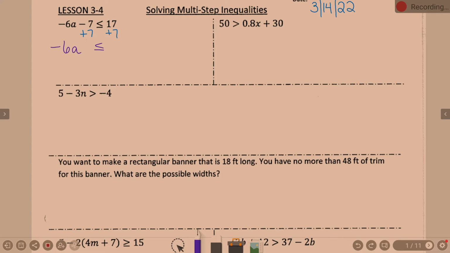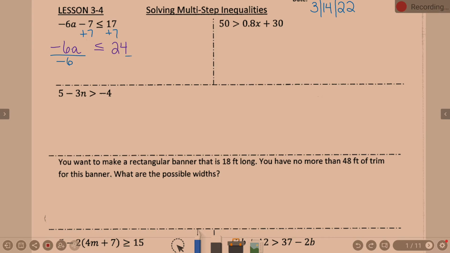Okay. 17 plus 7 is 24. Am I done? Nope, you have to divide by the negative 6. If this is negative 6a, that's negative 6 times a. So we're going to divide by negative 6.